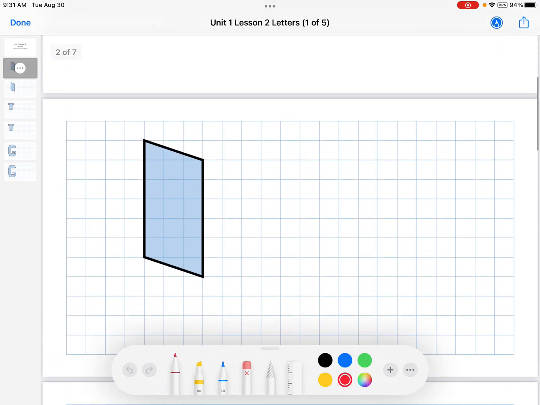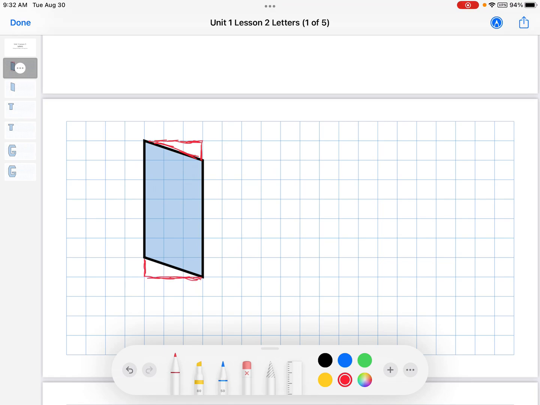First, here is a shape. I'm going to find the area of this shape by adding pieces to the outside of it. So the first thing I'm going to do is take this shape and add a triangle up here and a triangle down here.